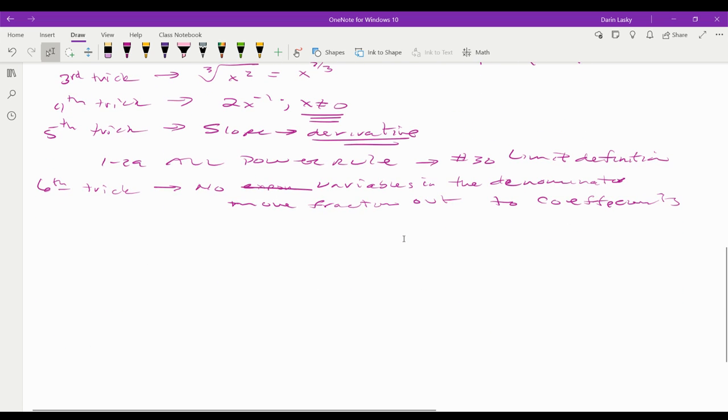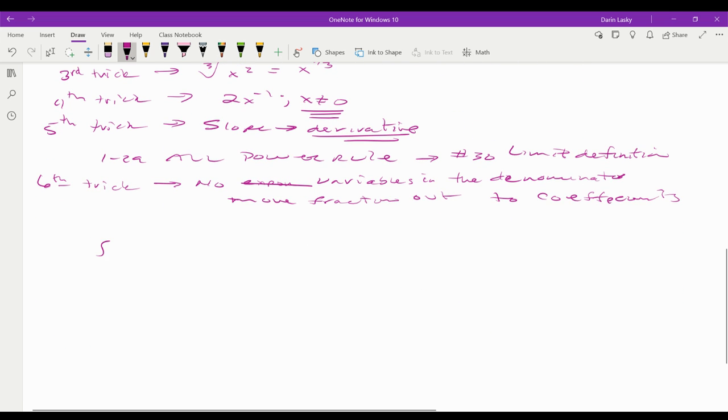So let's just say my f of x is equal to 2 over 3x cubed plus 2x squared minus 3x. Okay, so I can do the power rule to these guys. That's not a problem.